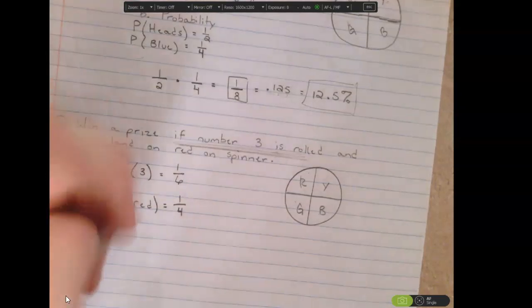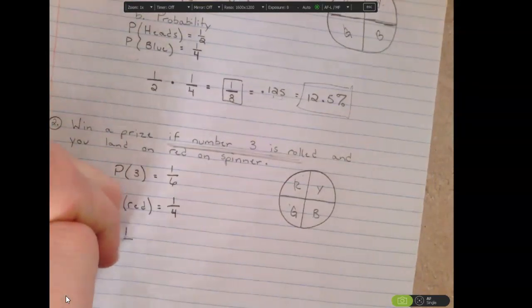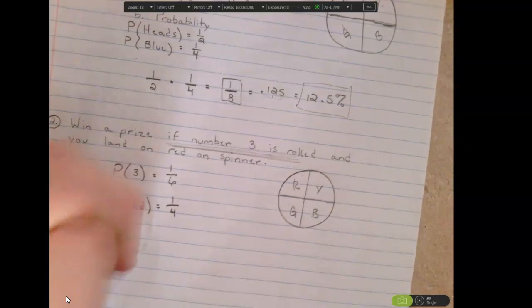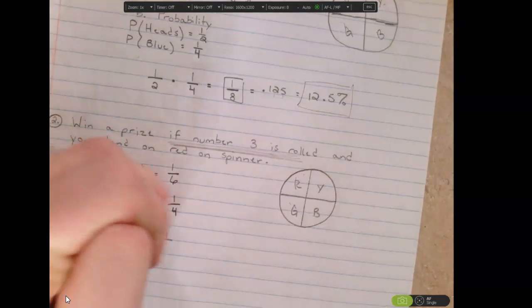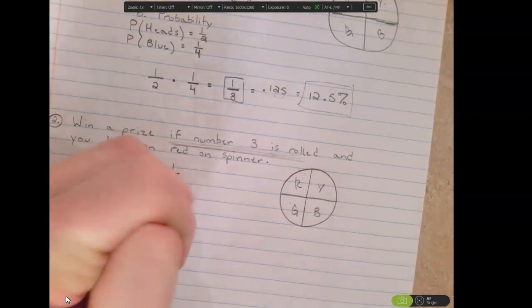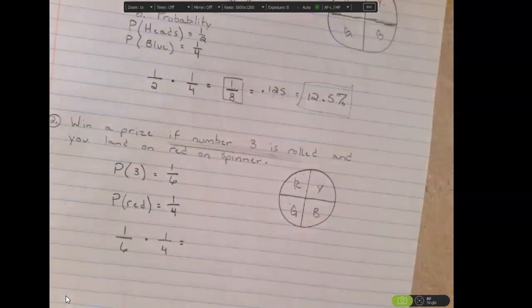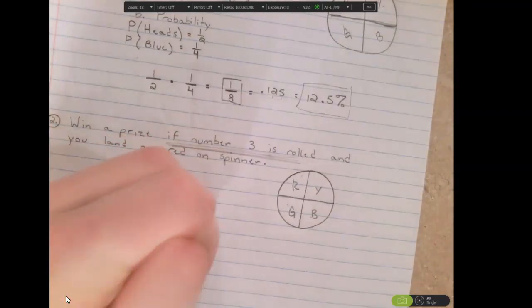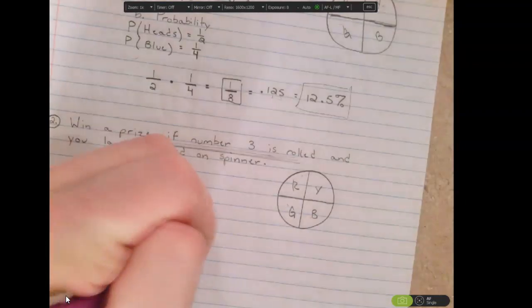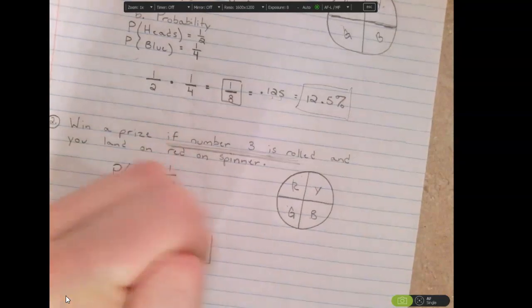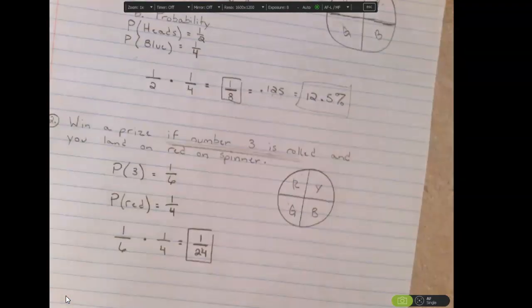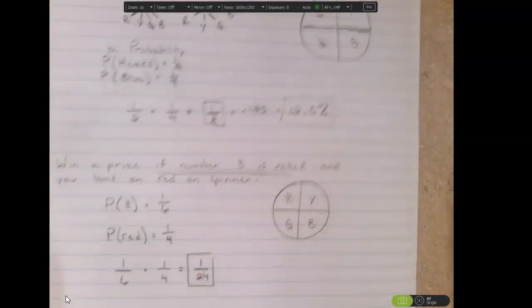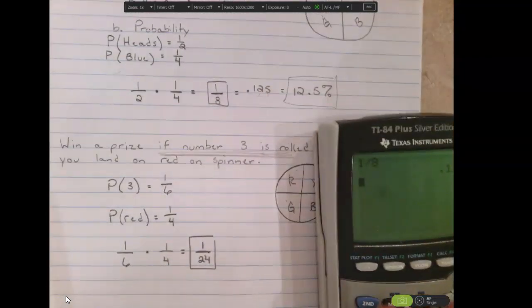And then again, take your 2 fractions, multiply them together. So then 1/6 times 1/4, multiply these across, you get 1/24. So the probability of this one happening is a 1 in 24 chance.